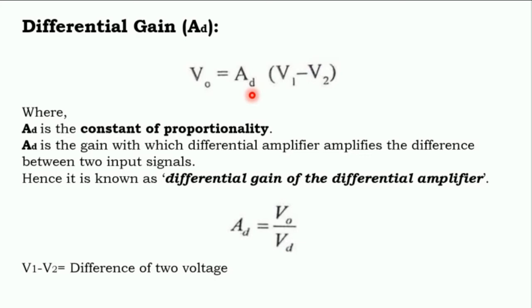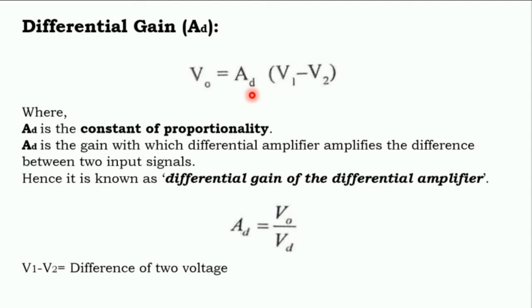If you remember the CE amplifier, there was one input signal, and it appeared in amplified form at the output terminals.